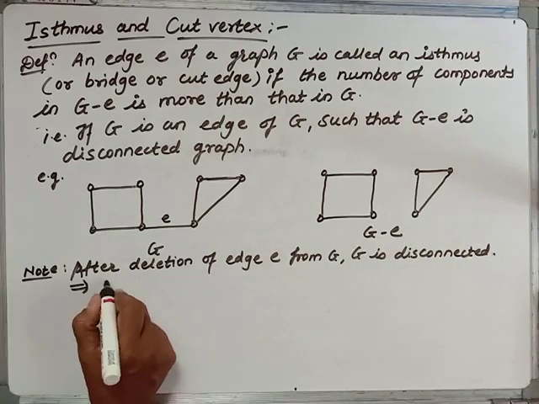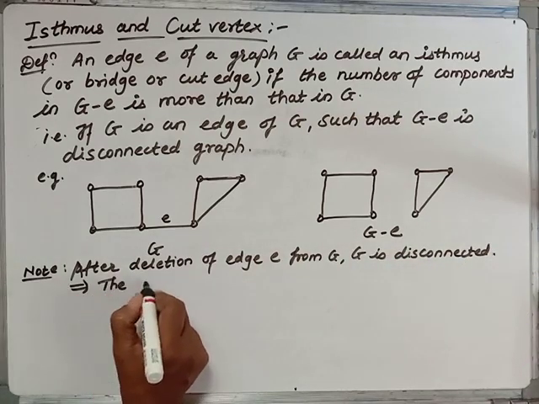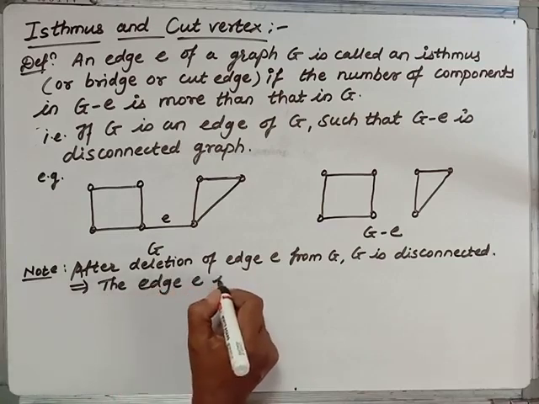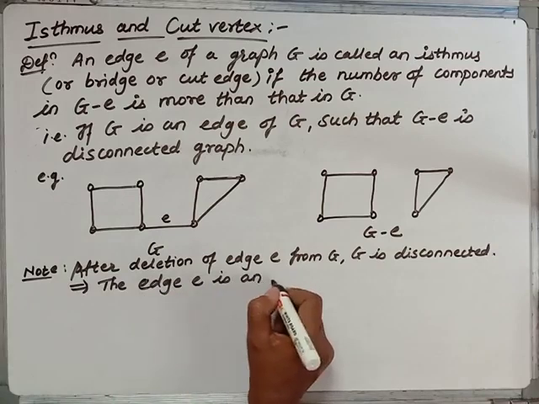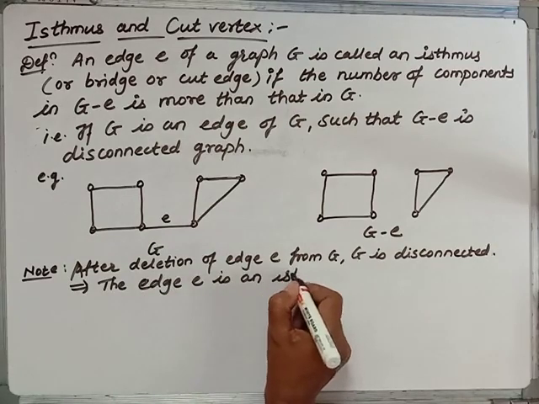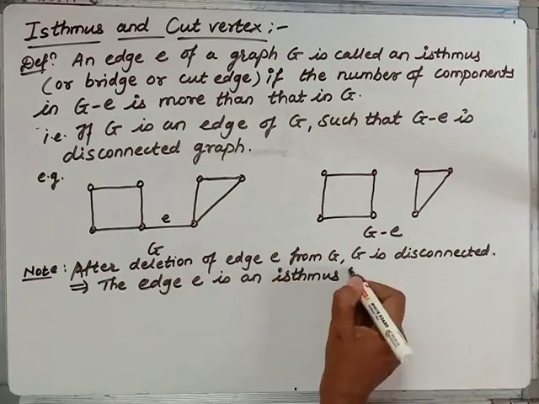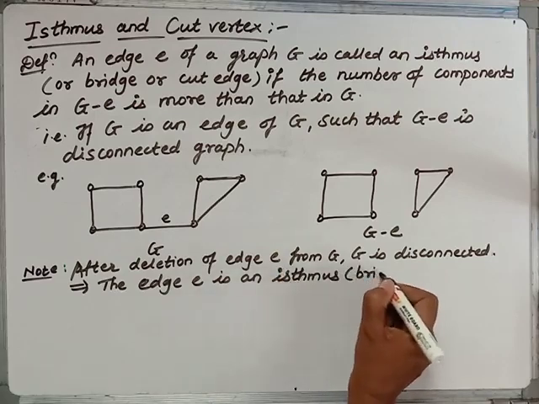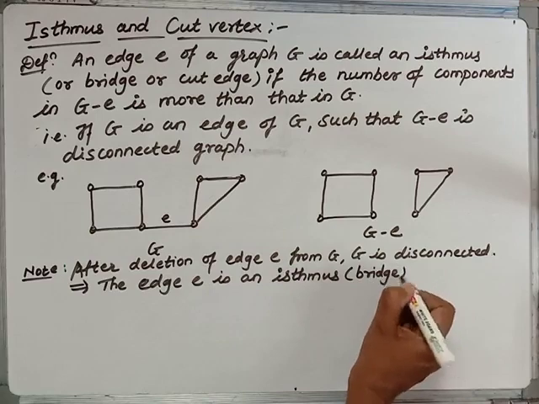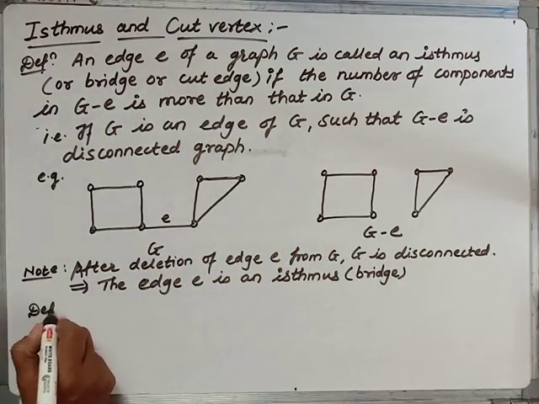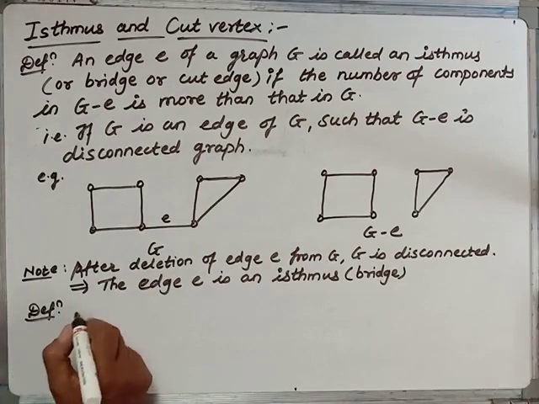This says the edge E is an isthmus, or bridge or cut edge. Another definition, that is of cut vertex.